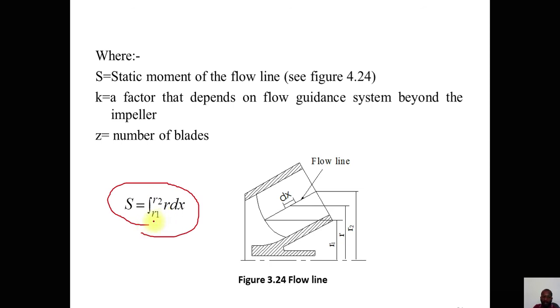Therefore, from radius 1 to radius 2, that means area from radius 1, the inlet, to the outlet side, simply integrating with the change of thickness and radius. Therefore, simply the static moment of flow line is a function of radius, but simply it is the area under the flow conditions, area under the flow situations.